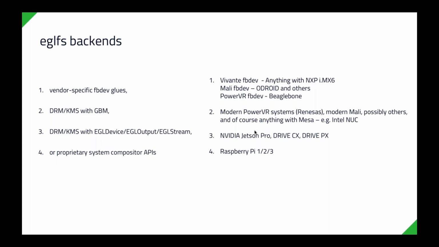There is a DRM KMS implementation which uses EGLDevice that's available on the NVIDIA platform, and there is a proprietary system compositor implementation which is specific to Raspberry Pi. You can use any of these existing backends to implement your backend. But I believe most of the use cases have been covered in this option 2, where we are using DRM KMS with GBM.